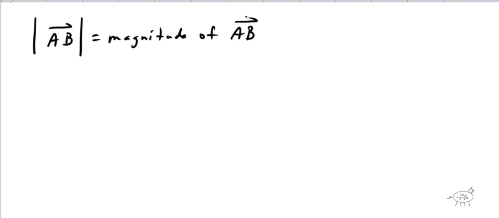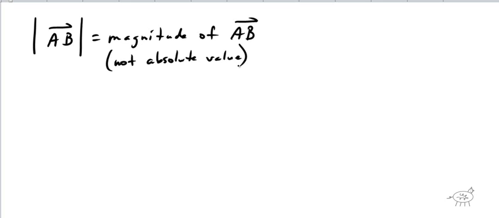These lines, if I have AB with those two lines on either side, they're not absolute value. Please don't use them as absolute value. That means the magnitude of vector AB. Please don't come up during the middle of a test and ask, Mr. Curtis, is that absolute value? Because I'm just going to tell you to sit down. So, don't do that.